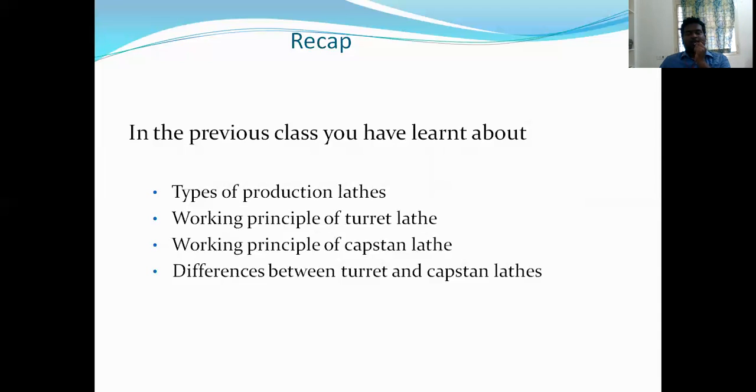Whereas in the turret lathe, the longitudinal movement is controlled by stops provided, so the movements are controlled. Okay. So these are the basic differences between the capstan and turret lathe, and we discussed them in yesterday's session.